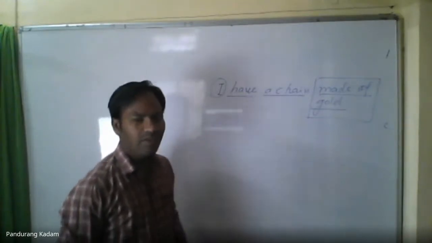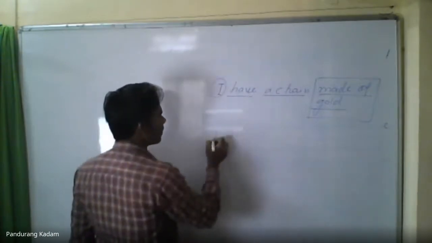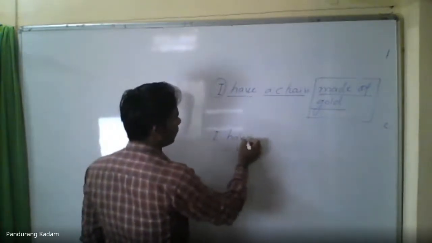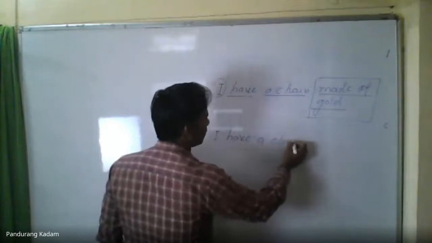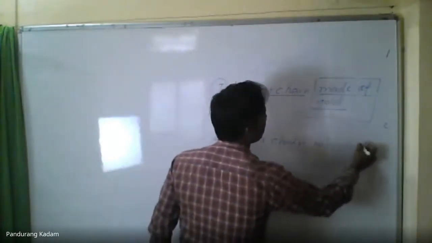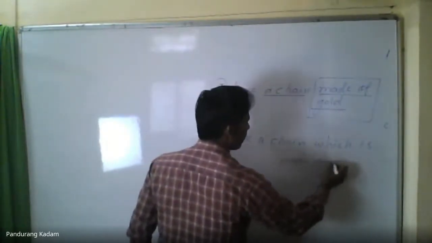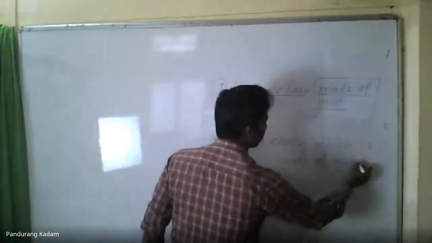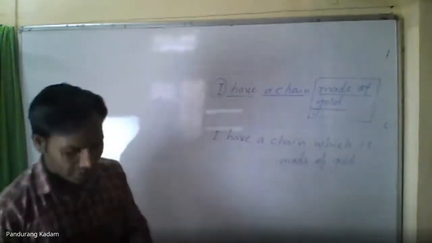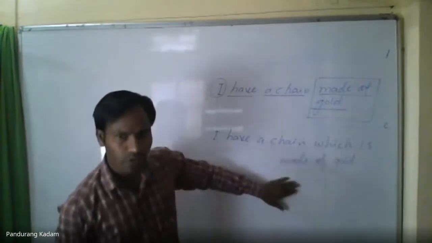When we change the sentence into a clause, the sentence would be: I have a chain which is made of gold. Now see the same sentence here.